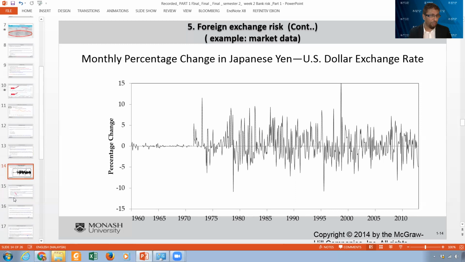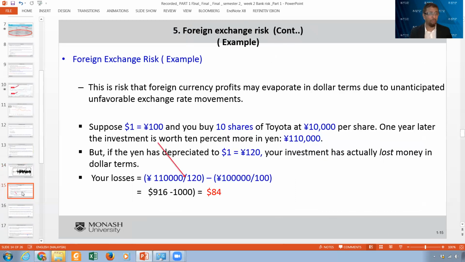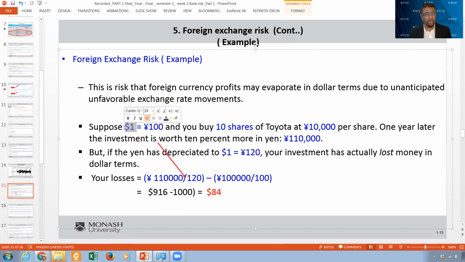Now, let me give you this example. Maybe this will be very clear for you. Assuming you are an American bank, or you can be a Chinese bank or a Malaysian bank, you just change this to ringgit or any other currency.